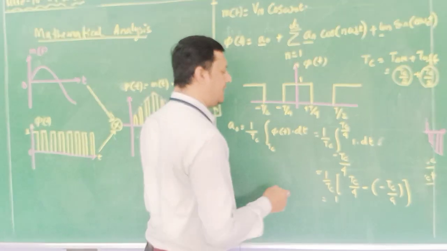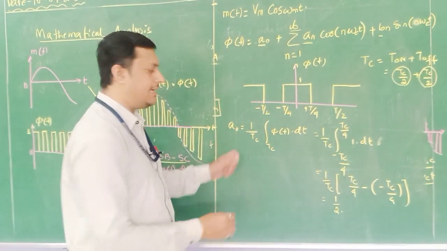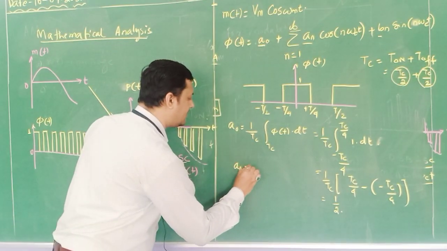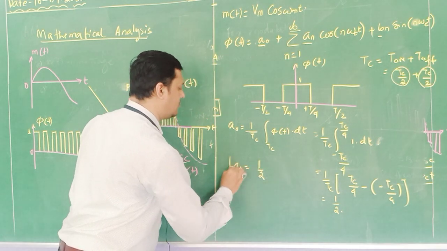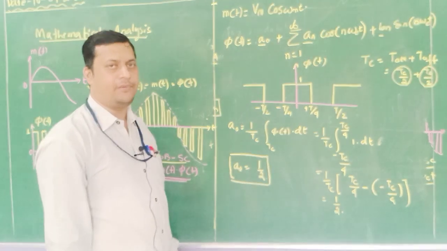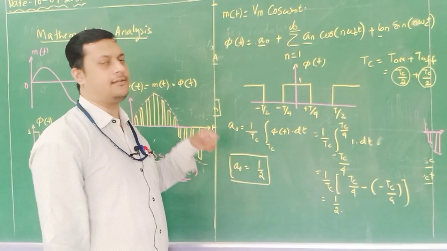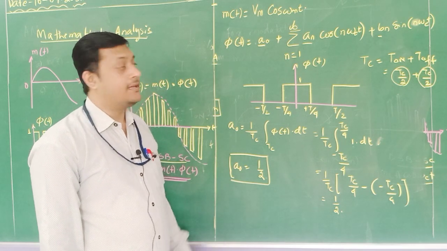So here we will get 1 by 2. So A0 has the value 1 by 2. That means the DC component available in my periodic signal is half. So this is the first constant we have identified.